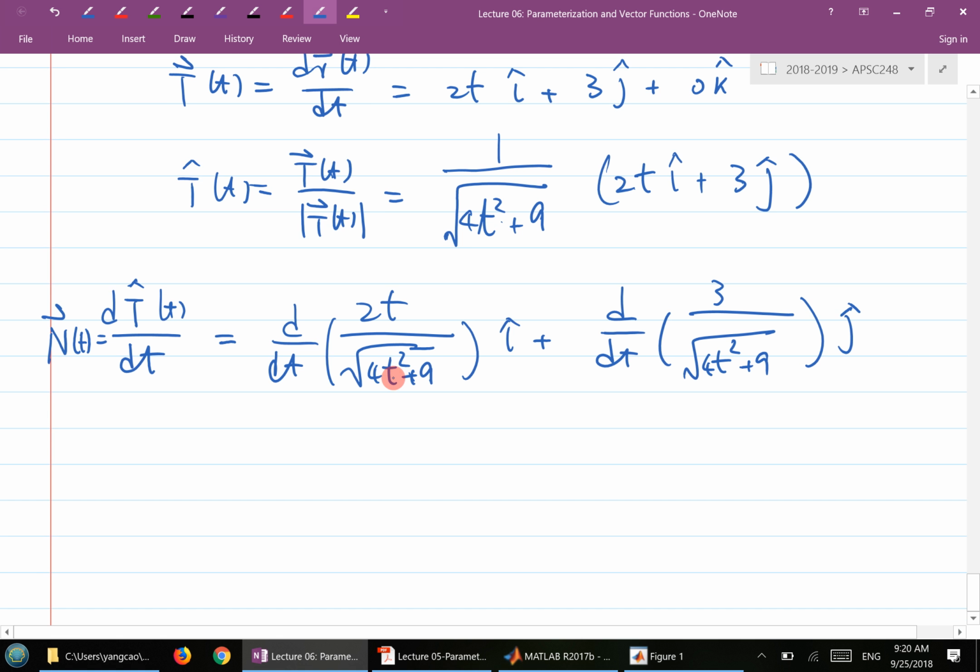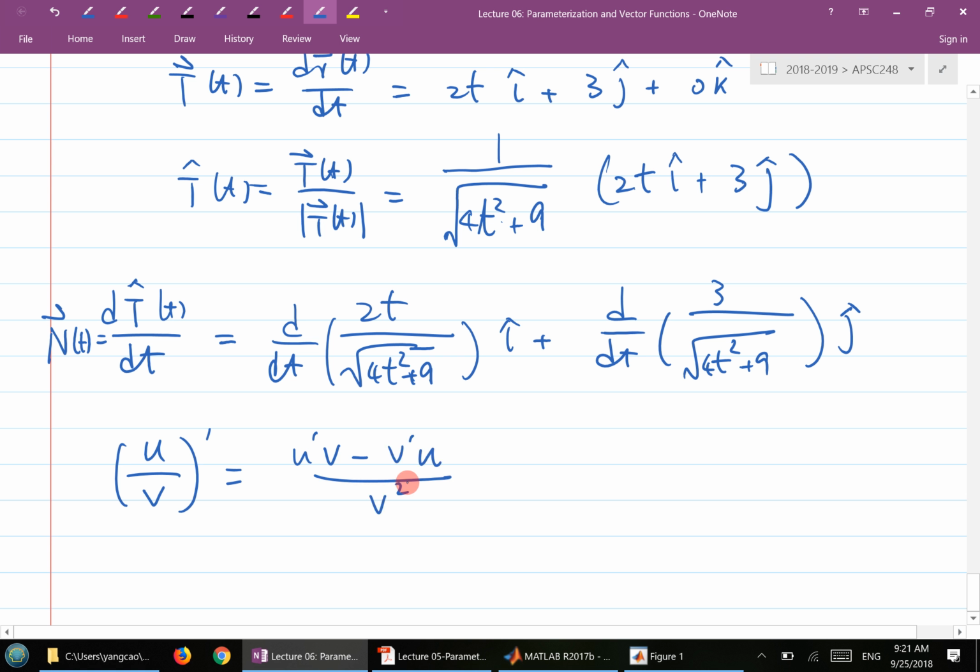You can either use the product rule, or what's the other rule? Quotient rule, right? So it really doesn't matter. I often get questions from students asking me to write down the formula for the quotient rule. If I'm happy, I'll write it down for you, but otherwise I won't.